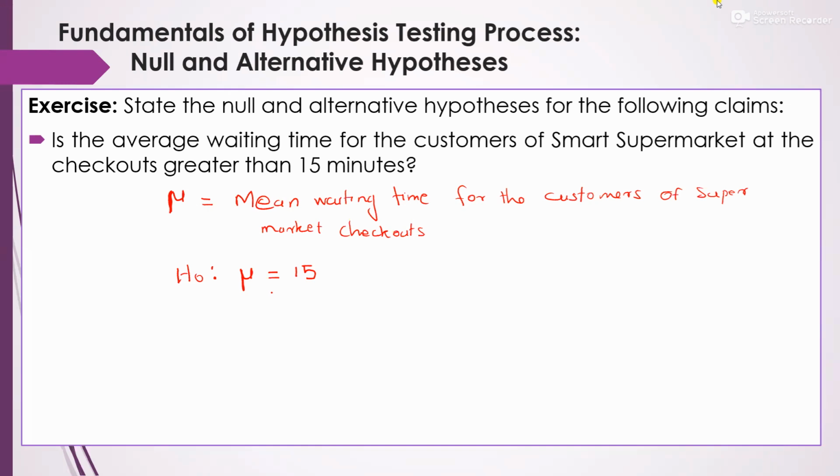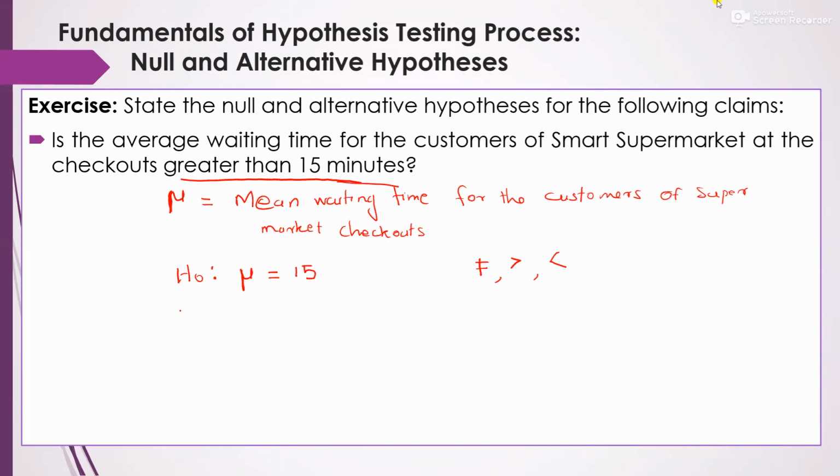Then H1 is opposite to that one and also does not have an equal sign. So there are three possibilities. You can use the not equal sign, or the greater than sign, or the less than sign. But here we want to prove that the mean waiting time is greater than 15 minutes.